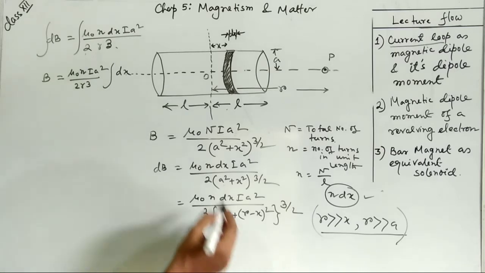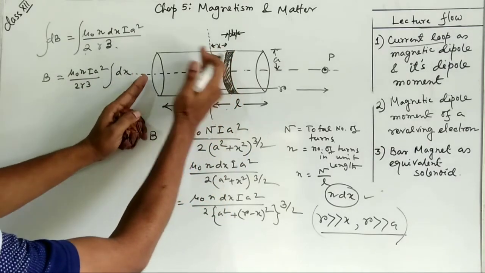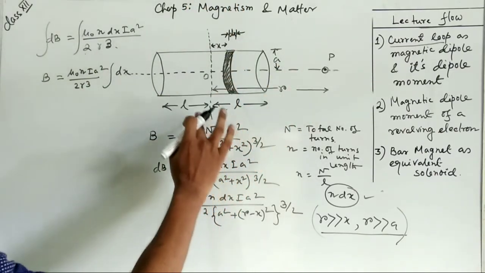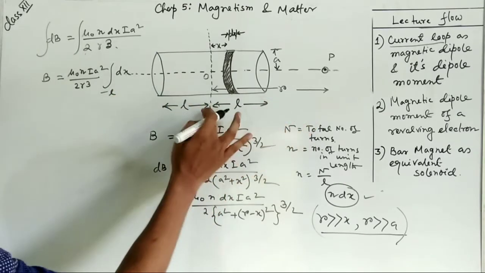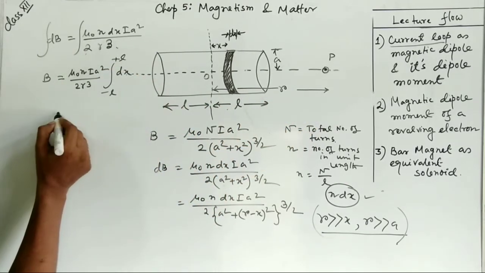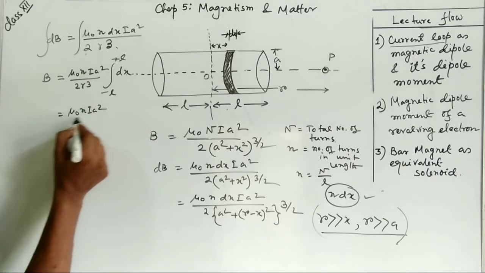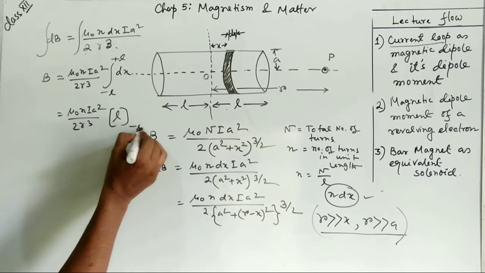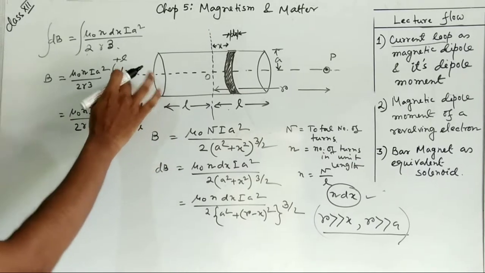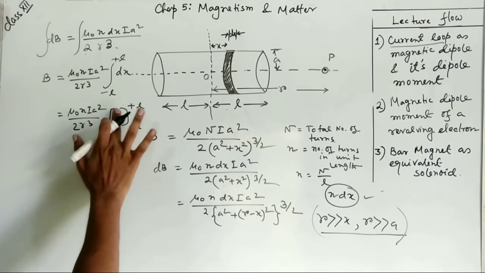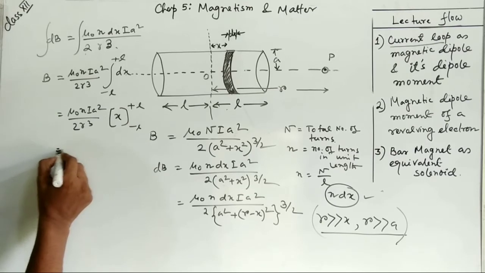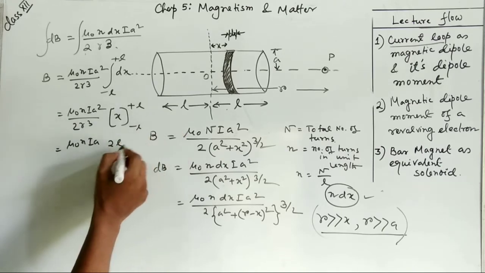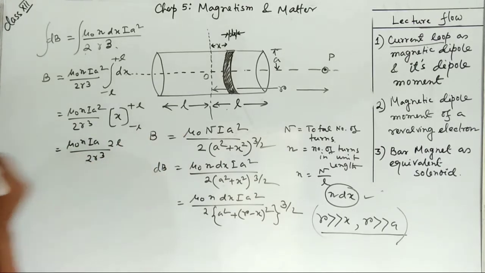Here we have to integrate from minus L to plus L, since half part is on the negative side and half part on the right side of the middle line. Integration of x will be x, so it will be mu 0 n I a square, L plus L, that is 2L, by 2 r cube.